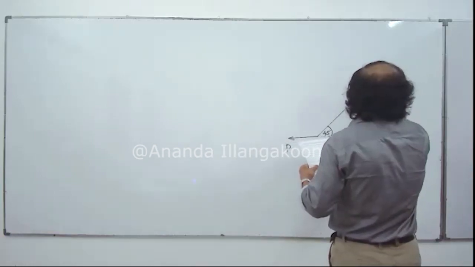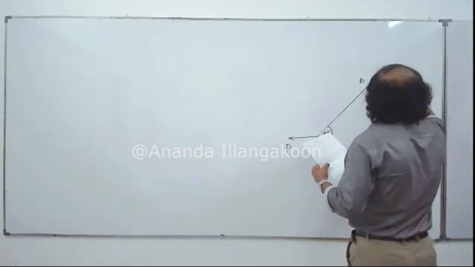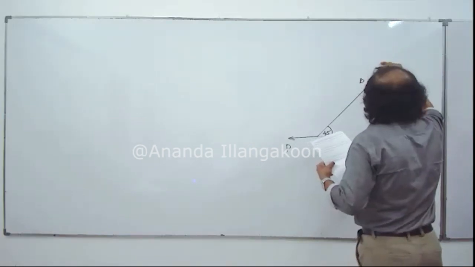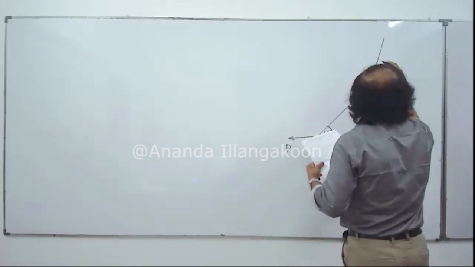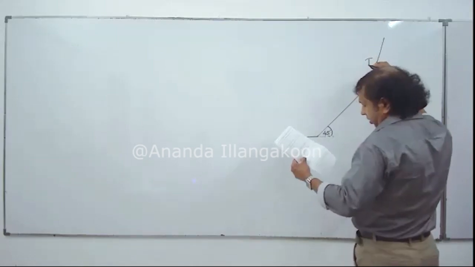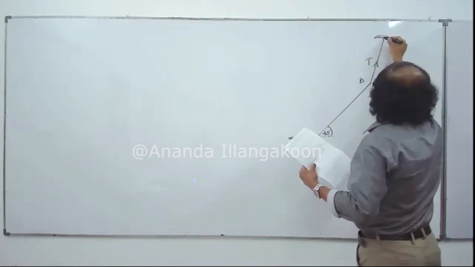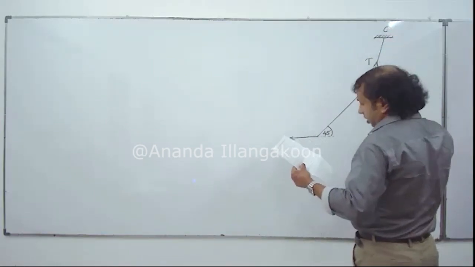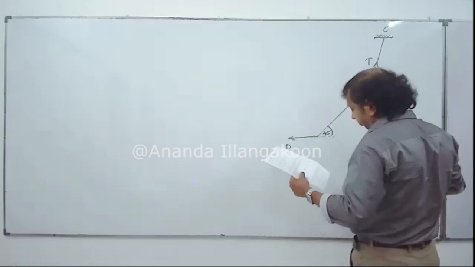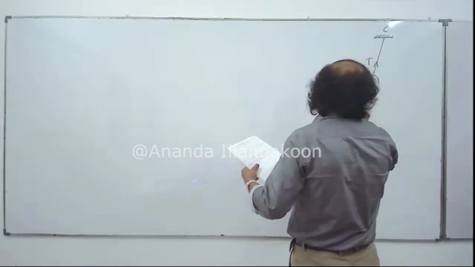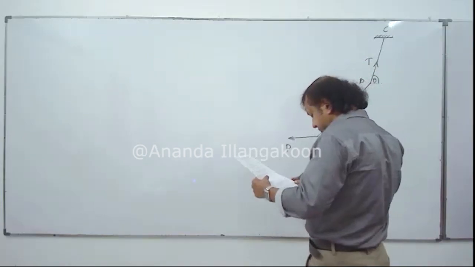Here is B. This is the string, with tension T. This is the ceiling, point C. This angle is given to be theta. The center of gravity is at the midpoint, where W acts like this.